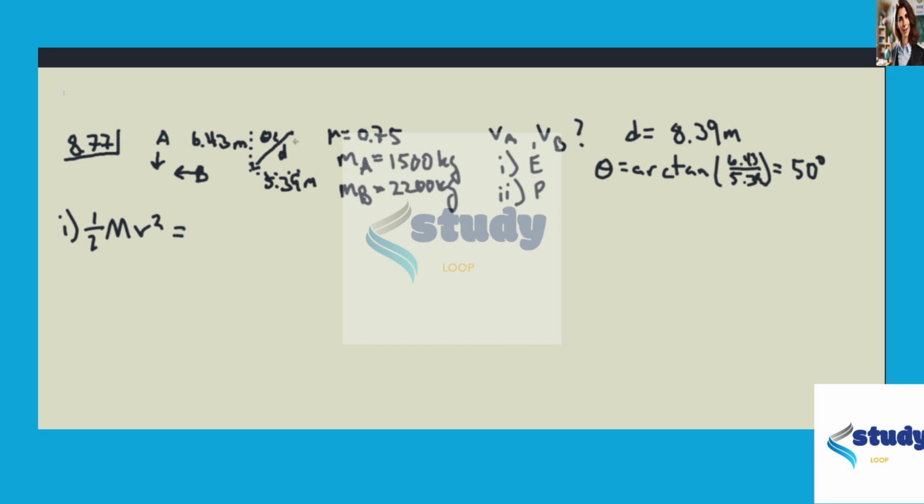Now in order for this to have stopped, some amount of work had to have been done on it to get rid of the kinetic energy. That work was done by friction. So we know that work is the force times the distance over which the force is exerted. Now, the force of friction is the coefficient of friction times the normal force, which is just the weight. So big M times g, and then the distance we've called d.